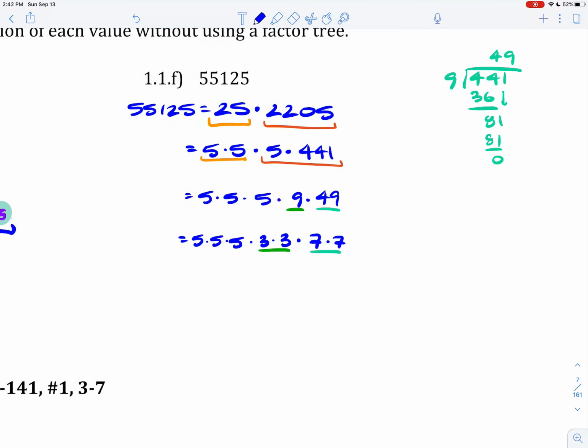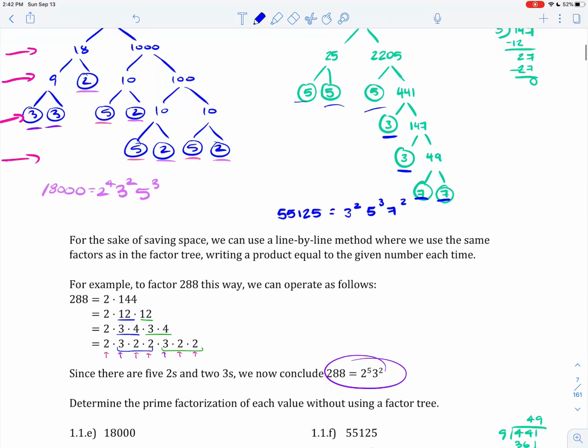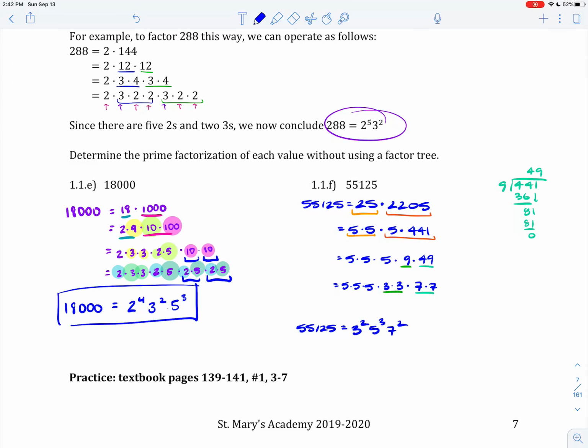And finally I can wrap this up because everything's prime, and I can say that 55,125 is the same thing as 3 squared times 5 cubed times 7 squared, which we can see is the same as what we had up here. So no matter which way you go about factoring this value, you will get the same answer.